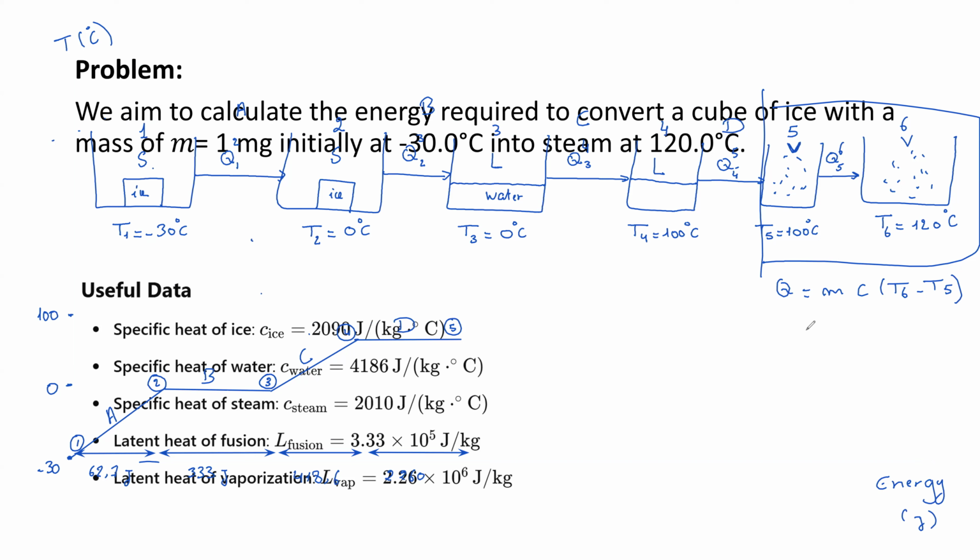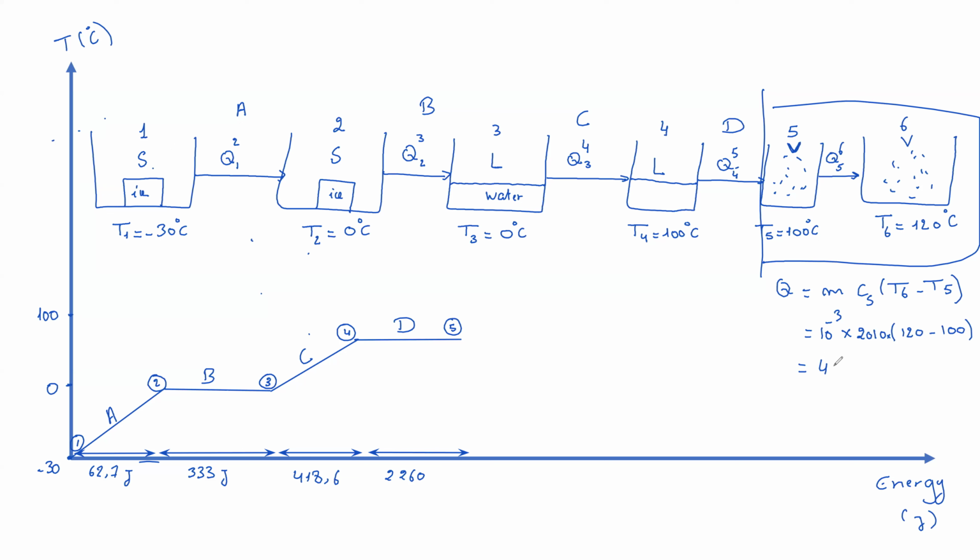Steam equals to, okay, the mass 10 power minus 3. C of steam equals to 2010. The temperature final equals to 120 minus 100. We calculate, we get 40.2 joule to pass from 5 to 6.